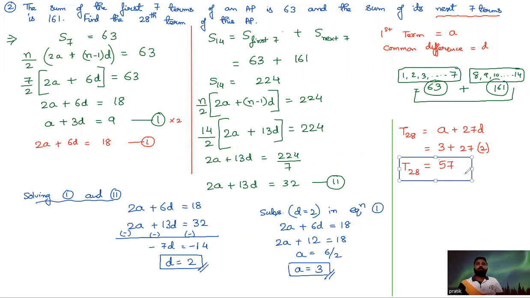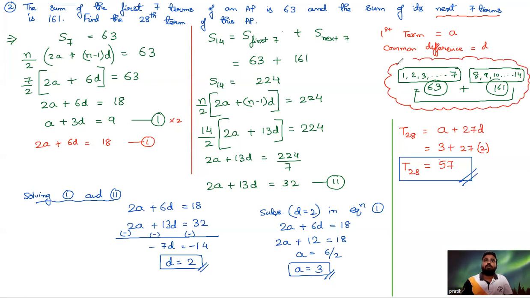So the only part where you had to understand is this entire thing, where the sum of the first 7 terms is given to you and the next 7 terms has been given to you. You just have to understand that the first 7 terms is 63 and the next 7 terms is 161.